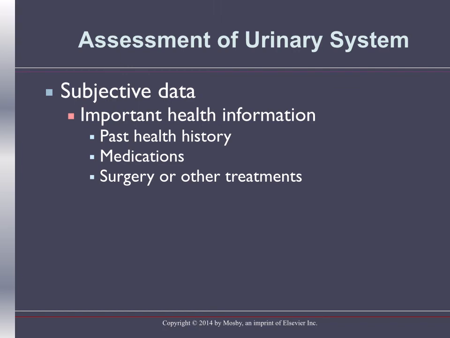Assessment of the urinary system. We need to question the patient about the presence or history of diseases related to the kidney or other urologic problems, or any trauma. Some of the diseases which can affect the functioning of the kidney are hypertension, diabetes mellitus, gout, and connective tissue disorders, so if there is lupus, or TB, congenital disorders, and neurological conditions, they all will affect the kidney.